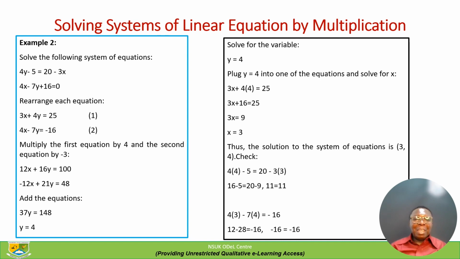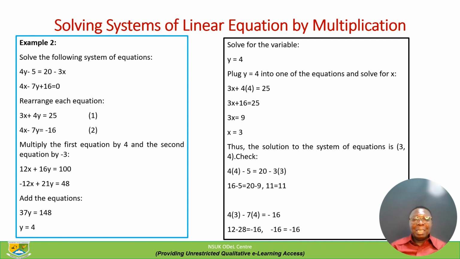So you say 3x, and 4 times 4 gives you 16. So 3x plus 16 will be equal to 25. When you transfer 16 to that end, 25 minus 16 will give you 3x is equal to 9. If you divide 9 by 3, you will say x is equal to 3. Thus, the solution to the system of equations is 3, 4.